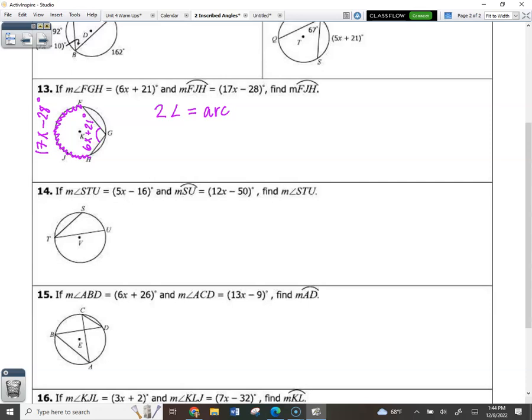You can just double the angle. So the angle is 6x plus 21. Make sure you put it in parentheses. And the arc is 17x minus 28.